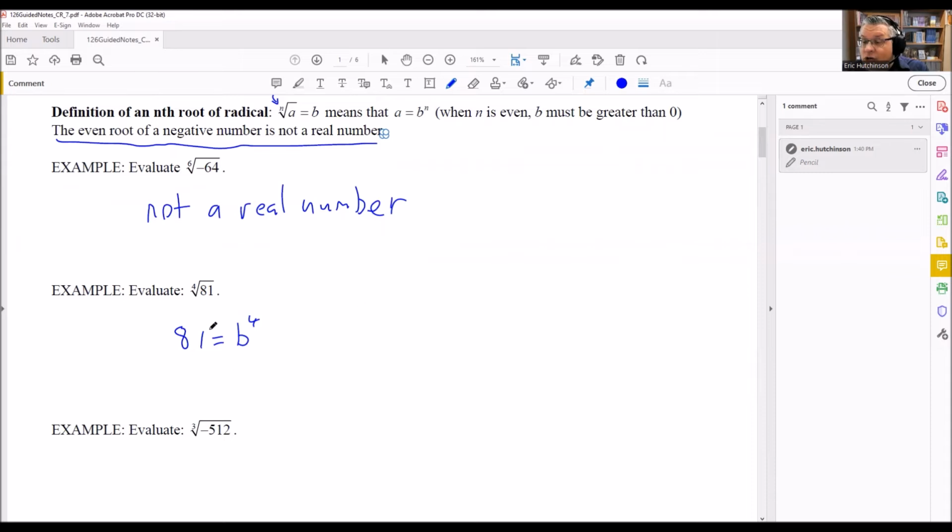All right, so if you're not sure what it is, you can always do what's called a factor tree, where you're just writing down all the numbers or factors that multiply to make 81. So 81 is the same thing as 9 times 9, but we can break up each of these into 3 and 3. So we just keep breaking it down until we get to numbers that don't have any more factors.